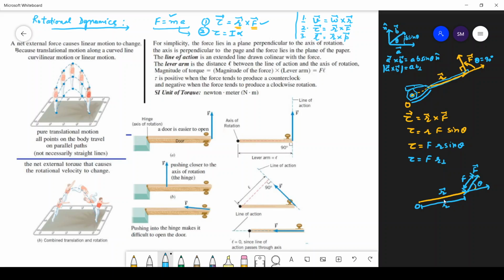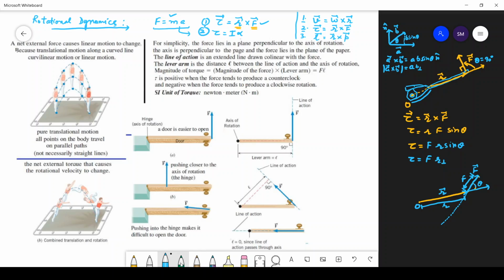Now in this case, how shall we draw the perpendicular on F? Obviously, I need to further extend this force, right?